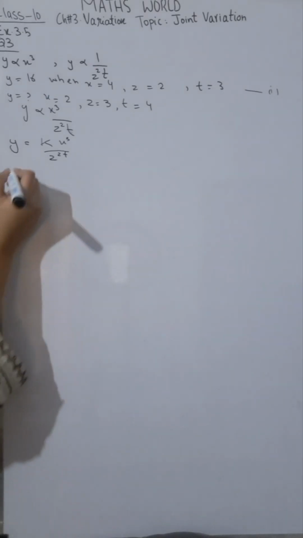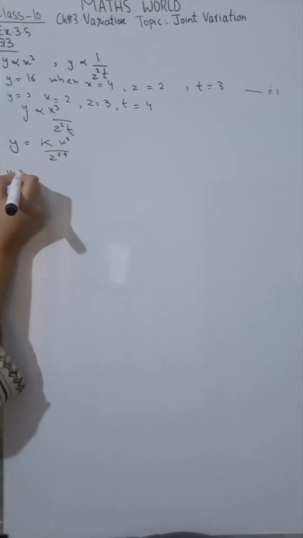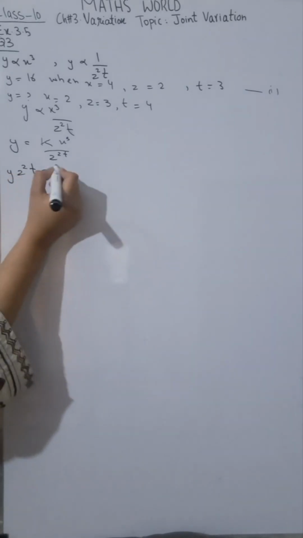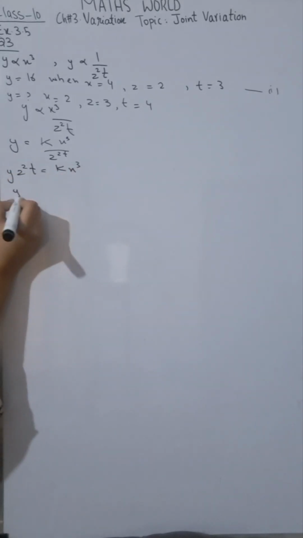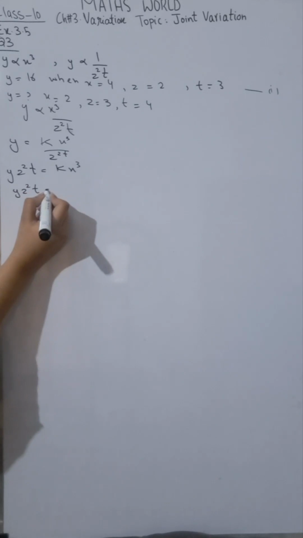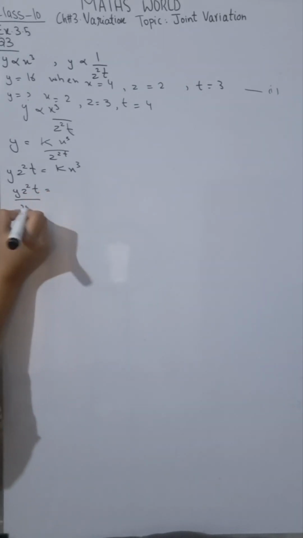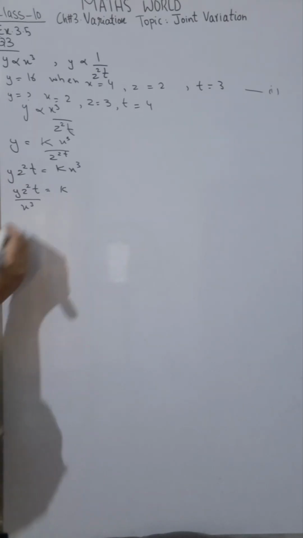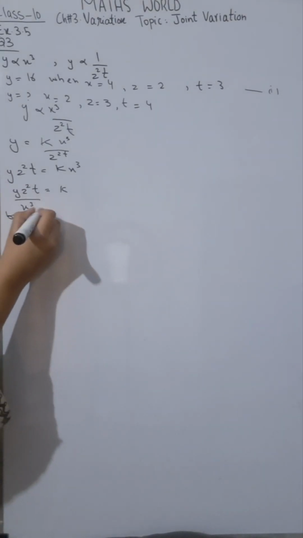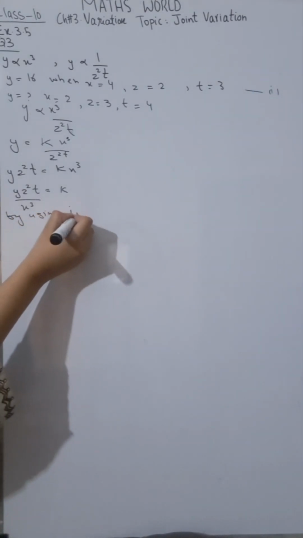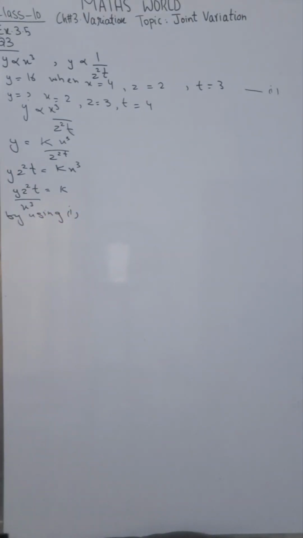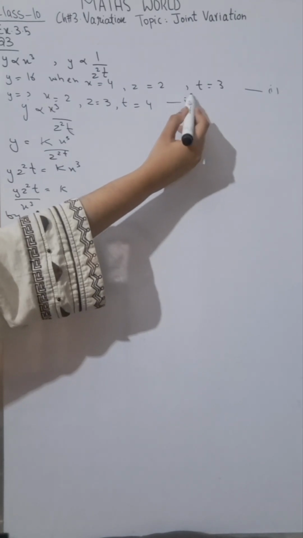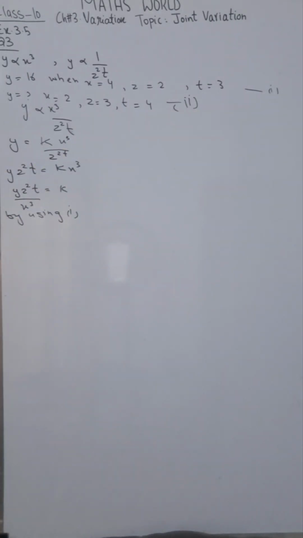For that you can re-symbolize that you're going to multiply y z square t, k equals y z square t divided by x cube. So for the first case, by using the values of the first case and then you're going to use it for the second case. Okay, like this you're going to solve it.